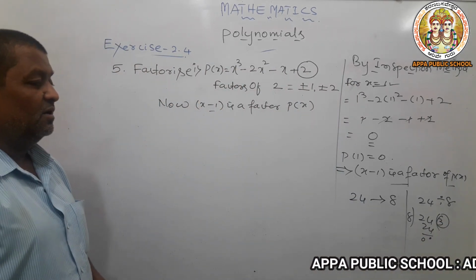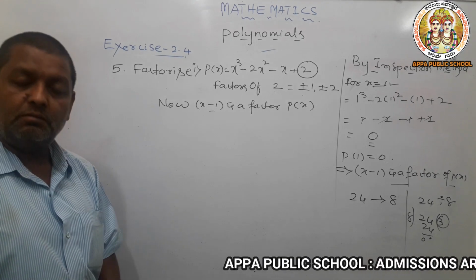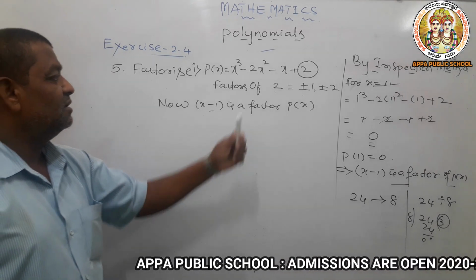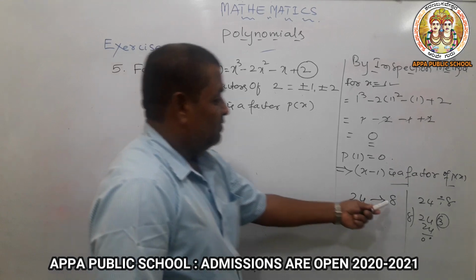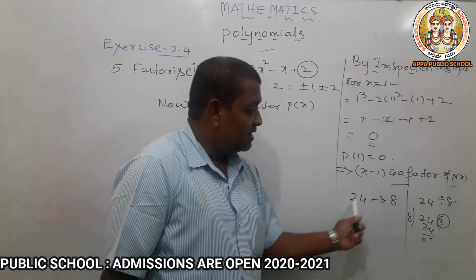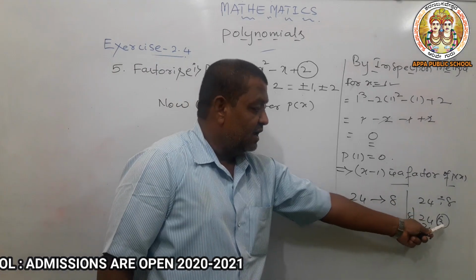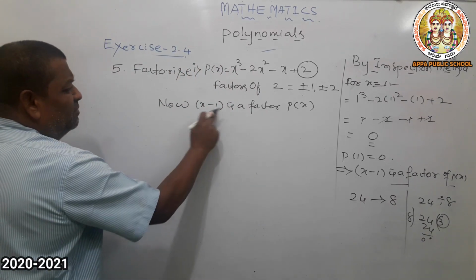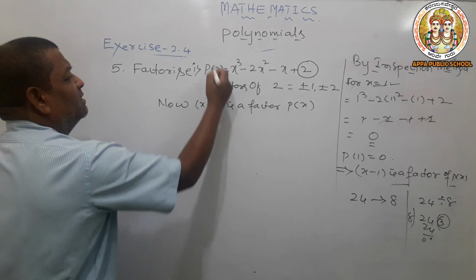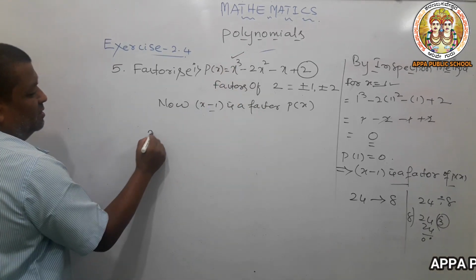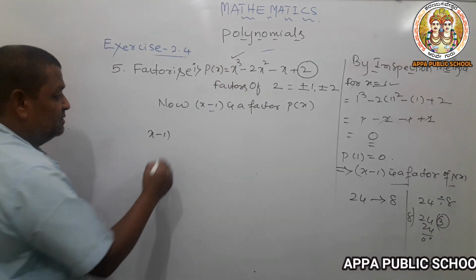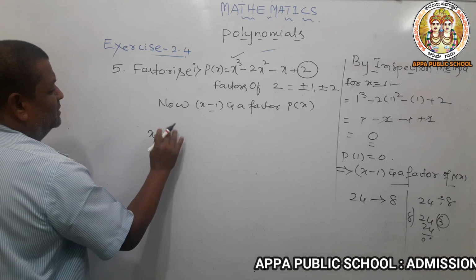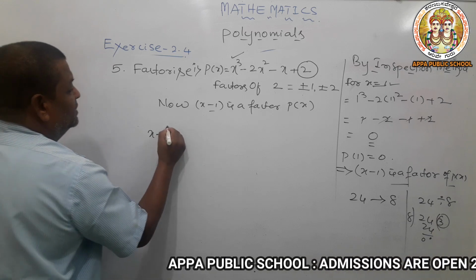The same method we have to use in this procedure also. If I got one factor, divide by it and you get another factor. Now x minus 1, you are going to divide this whole polynomial by long division method.